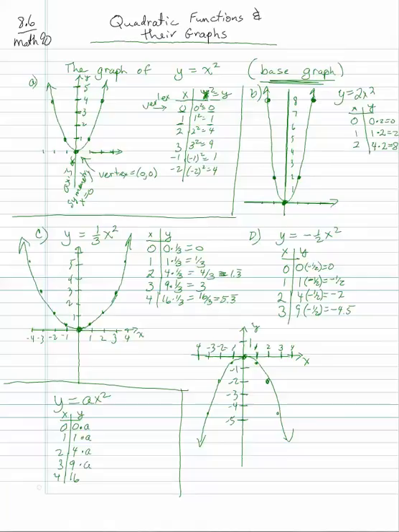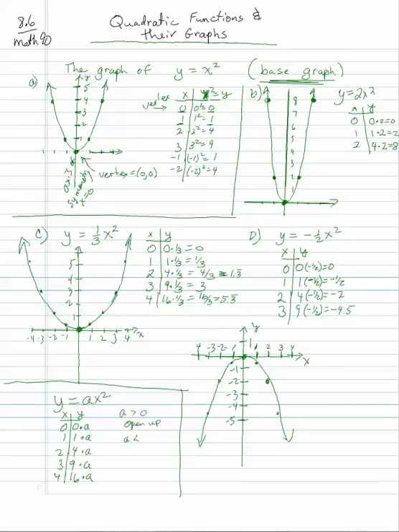If the absolute value of a is bigger than 1, it's going to make it skinnier. If it's a fraction like 1/2, 1/3, or 2/3, between 0 and 1, it's going to make it fatter. And if a is positive, that's greater than 0, it opens up.